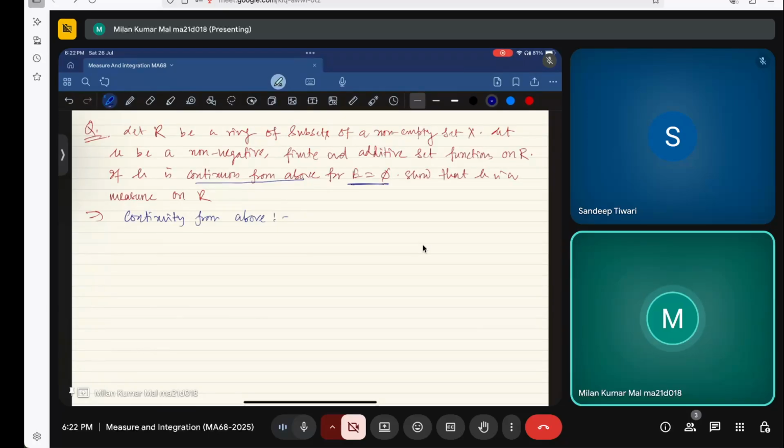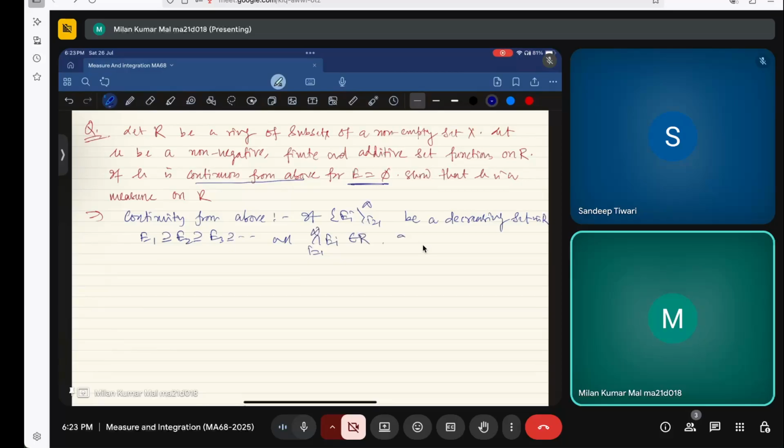Let E_i, i equals 1 to infinity, be a decreasing sequence of sets in R, meaning E1 contains E2, contains E3, and so on, and the intersection over i equals 1 to infinity belongs to R.